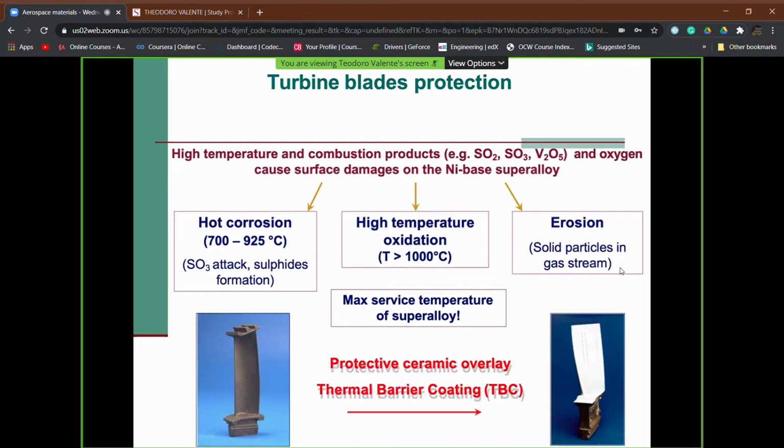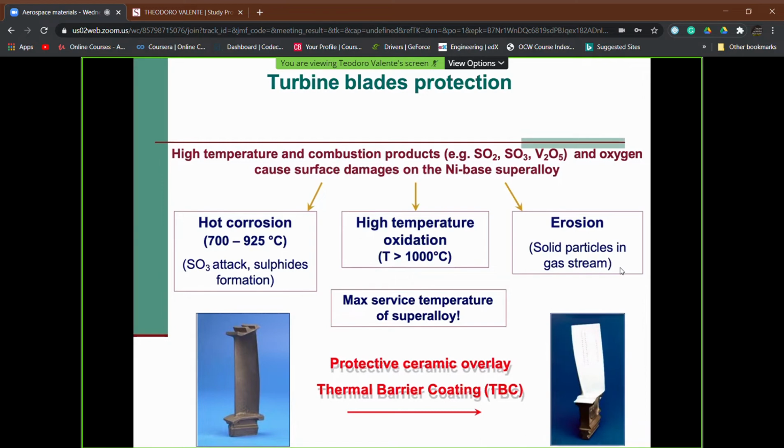But this is not all, because if we have in mind the environment which would interact with the blade, this environment is coming from combustion gases, where we can have, depending on the fuel composition, compounds like sulfur oxide, dioxide or trioxide, or vanadium oxide, as well as oxygen inside the combustion gases, which can give rise to damage by corrosion of the nickel-based superalloy.